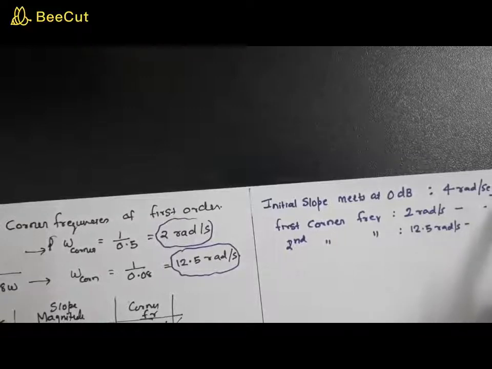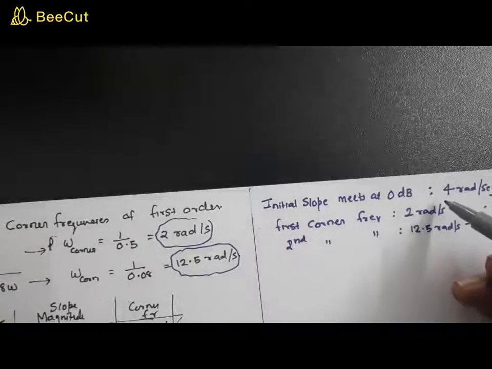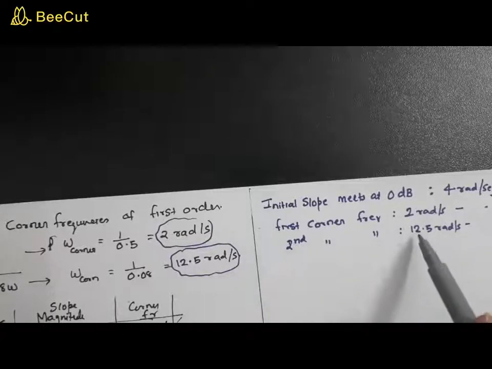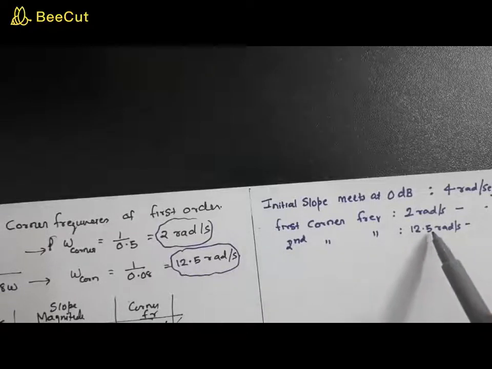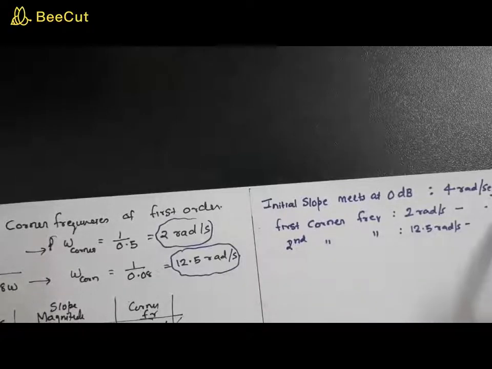So minus 20, again minus 20, results in minus 40 dB per decade. That is the effective fall. Then the plot moves at minus 40 dB per decade from 2 radians per second. Finally, the second corner frequency comes at around 12.5 radians per second, and this also offers another minus 20. So effectively, it will be a minus 60 dB per decade.